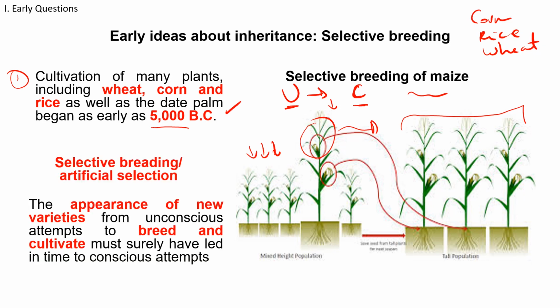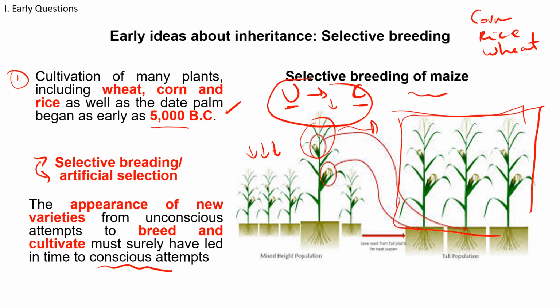And I also told you that selective breeding and artificial selection mean the same thing, that the appearance of new varieties from unconscious attempts to breed and cultivate must surely have led in time to a conscious attempt. So from unconscious to conscious intent, and we start using this technique that is called selective breeding.